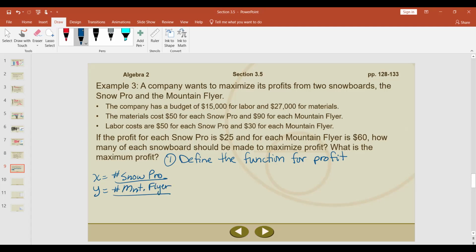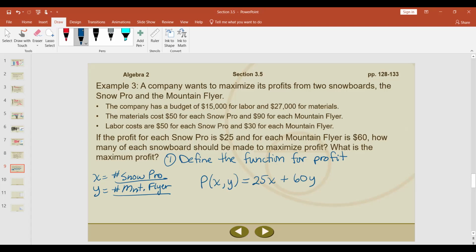All right, so I know that the profit of some combination of x and y is equal to, let's see, what's the profit of the Snow Pro? So 25x plus, they're making a lot more money off those Mountain Flyers, 60y. There's the function of our profit.